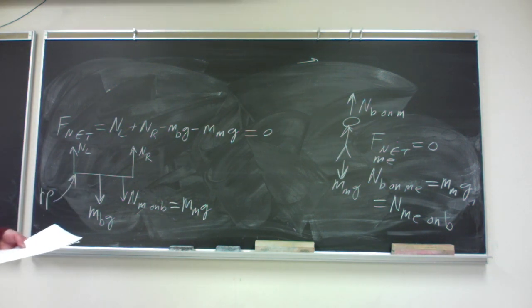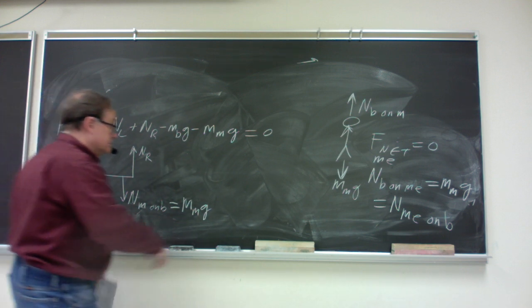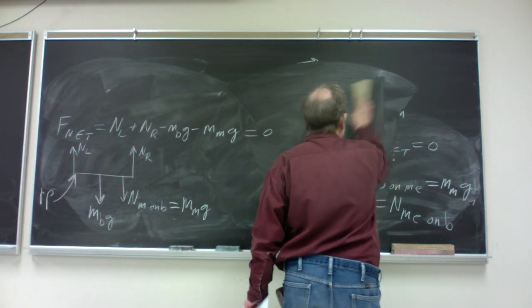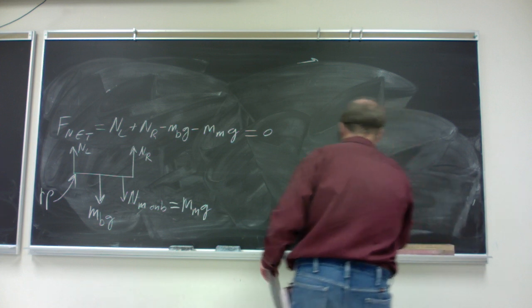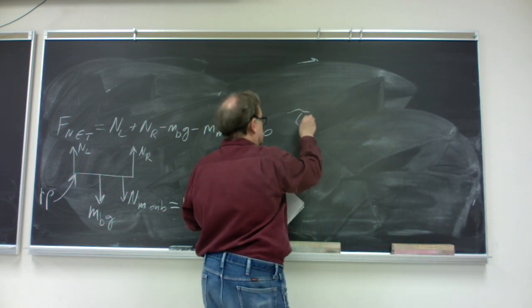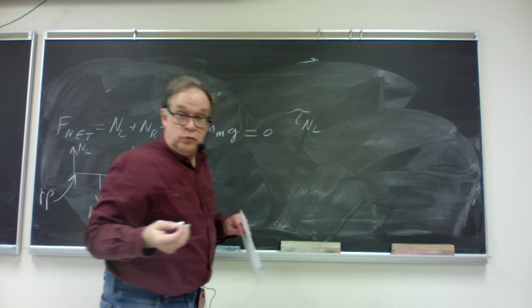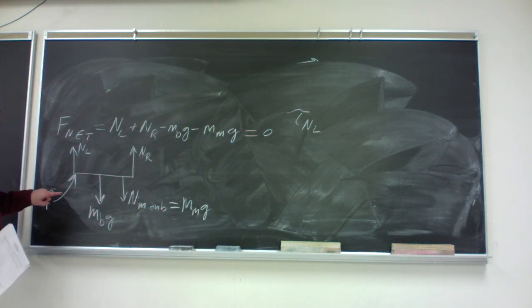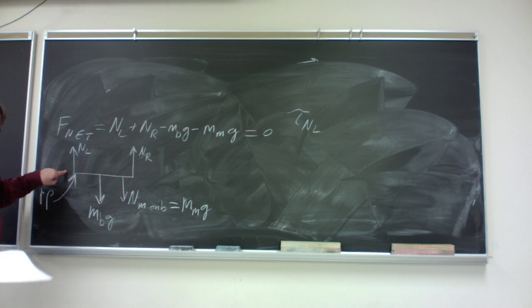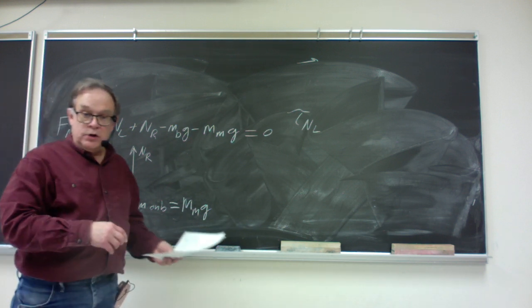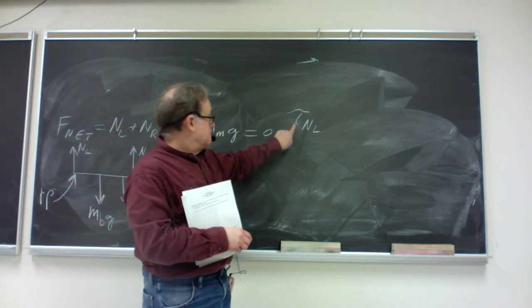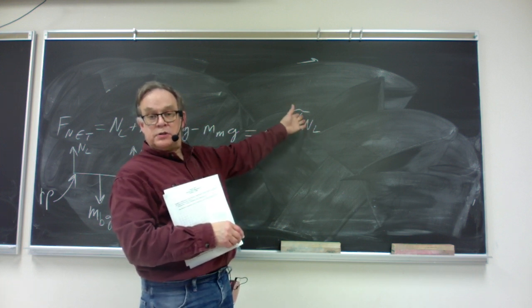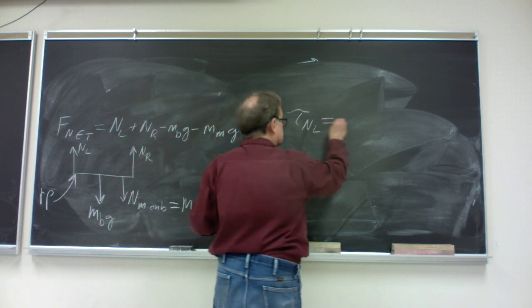Now, what do the torques look like? Torque due to the left side normal force is of course 0, because the displacement vector, which takes us from the reference point to the point where the force is applied, is 0 in this case. So that 0 is a factor in calculating this number, so this number just comes out to 0.